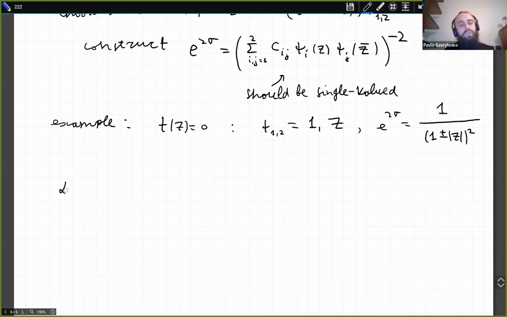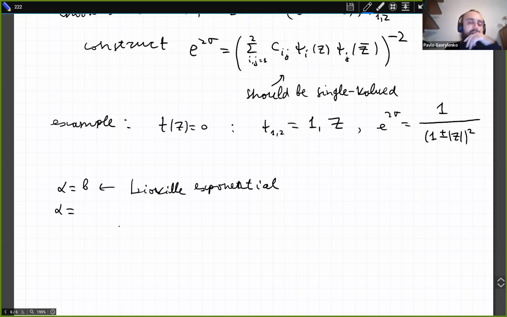So we have alpha equals b for the Liouville exponential, and alpha equals minus b over 2 for the phi 2,1.